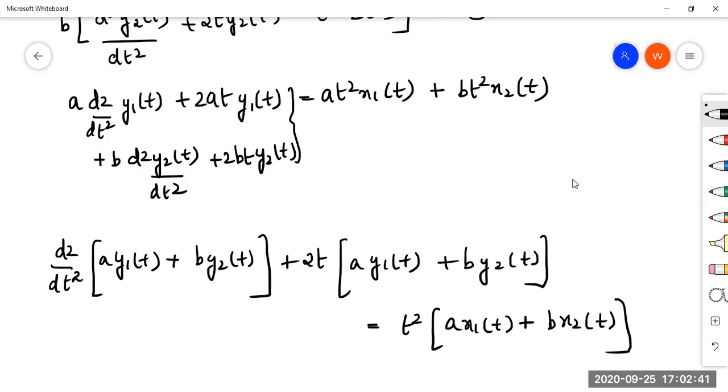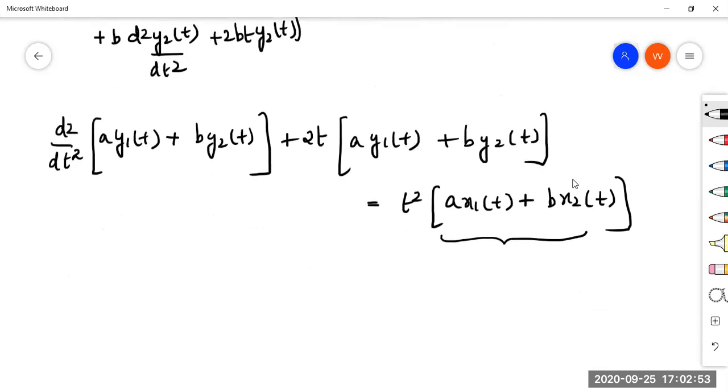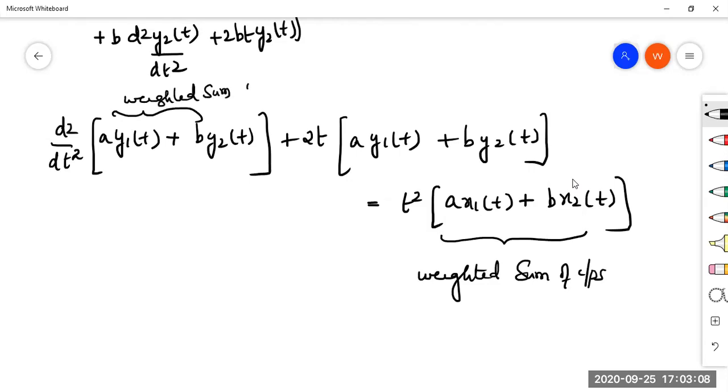Now if you are getting like this, that means the RHS is a function of the weighted sum of inputs, and the LHS is a function of the weighted sum of outputs.